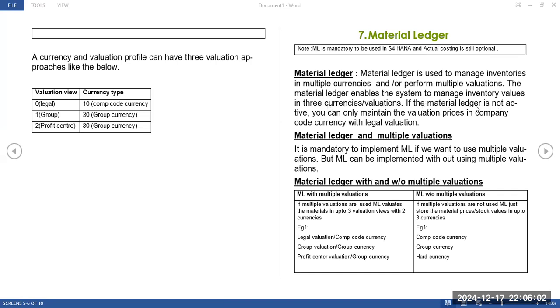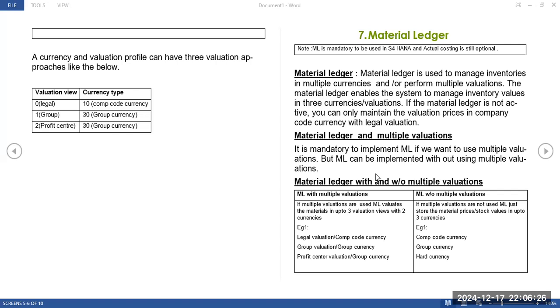If the material ledger is not active, you can only maintain the valuation prices in company code currency with legal valuation. So we are only left with this part without material ledger. It is mandatory to implement material ledger if you want to use multiple valuations, but material ledger can be implemented without using multiple valuations.